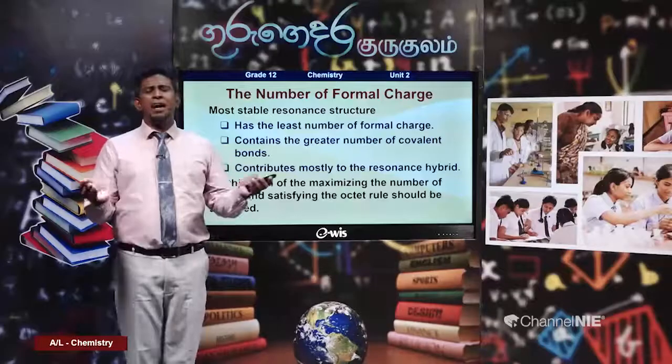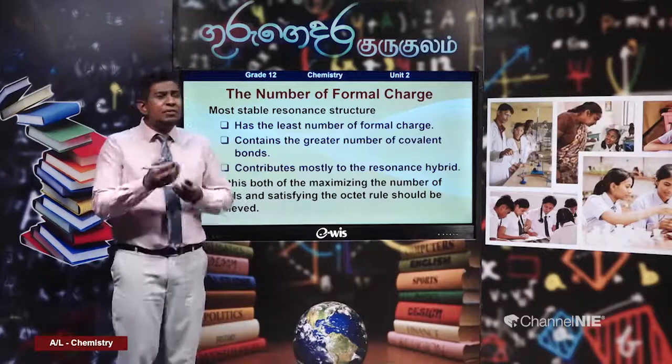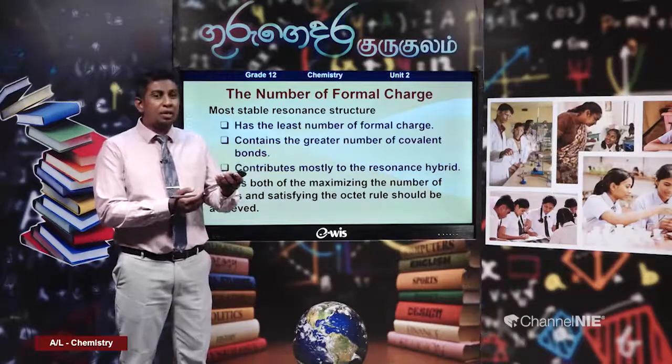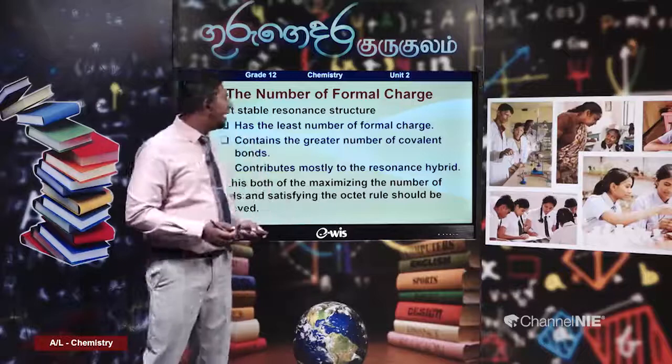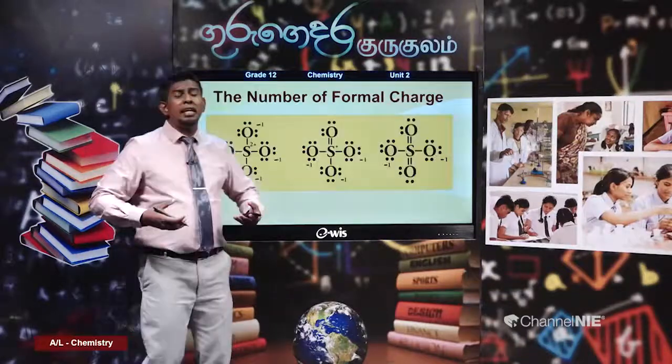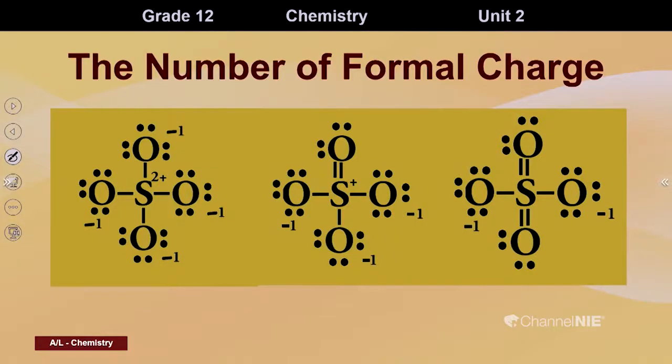Okay, let's find out how these factors could affect the stability. Let's consider the very first factor, the total number of charges. Students, what I have taken as my example is sulfate, the well-known anion. Hope you know that. Sulfate carries sulfur and oxygen.